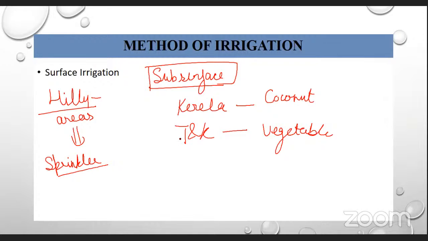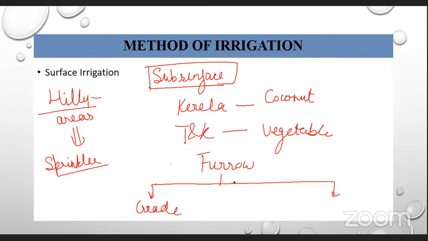Among the surface methods in undulated area, which one can you suggest? Furrow, sir. Furrow only, with contour. As I told you in the previous section, furrows are also classified on the basis of some other things: the graded one, the contour one, and the level one.